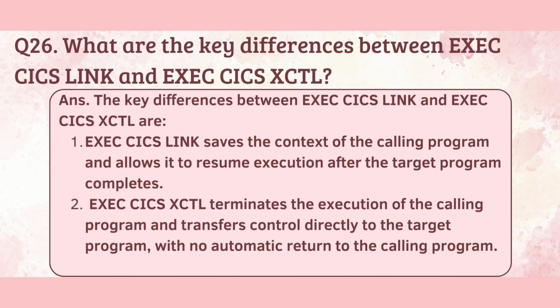Xctl Xctl terminates the execution of the calling program and transfers control directly to the target program with no automatic return to the calling program. So the choice between using Xctl link and Xctl Xctl depends on the desired program flow and the need for program continuation after invoking the target program.